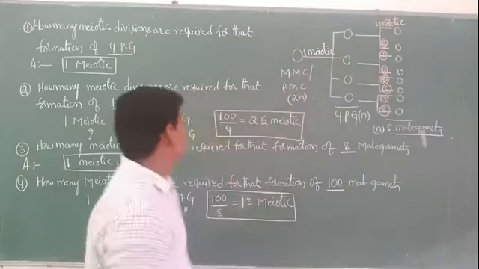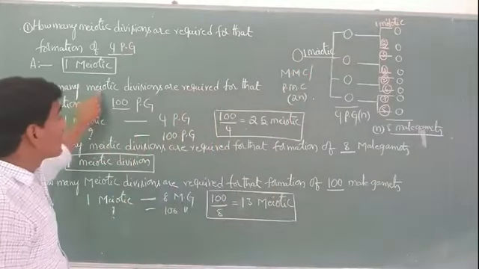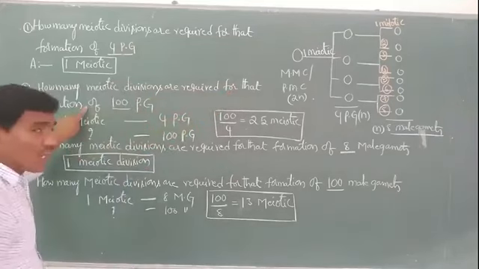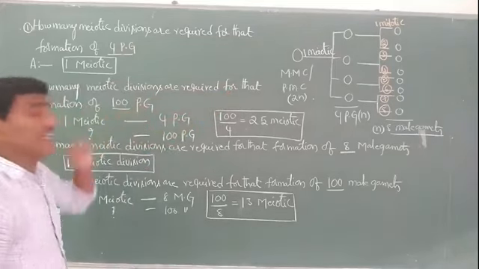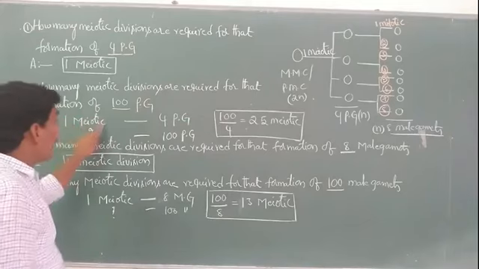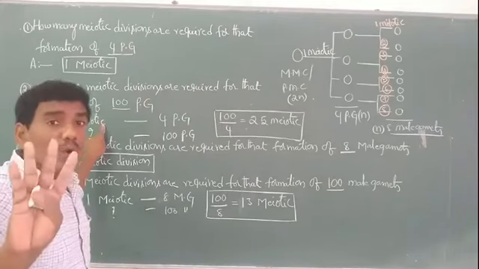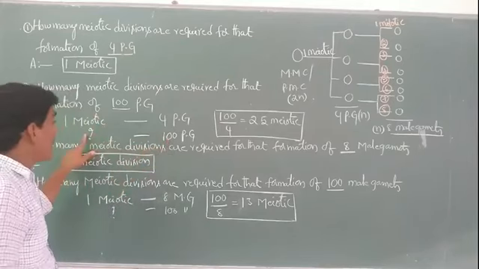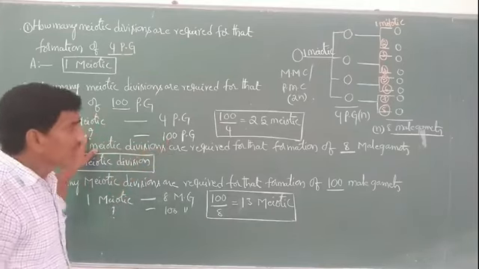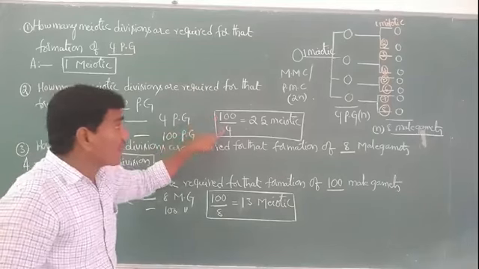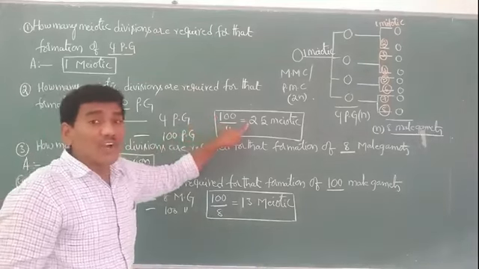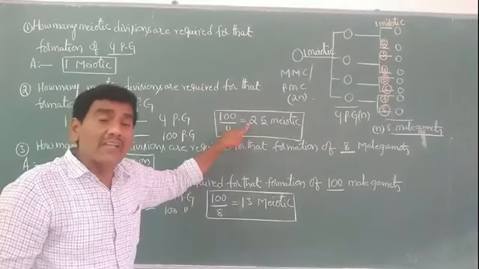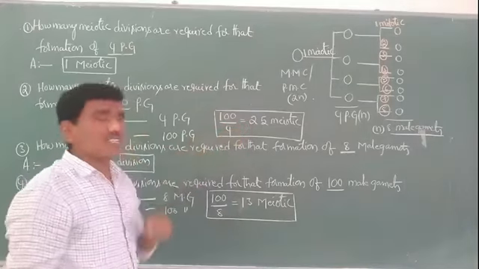Second question: how many meiotic divisions are required for the formation of 100 pollen grains? 1 meiotic division gives 4 pollen grains, so 100 by 4, 25 meiotic divisions are required for the formation of 100 pollen grains.